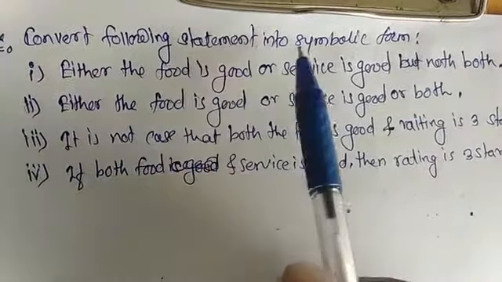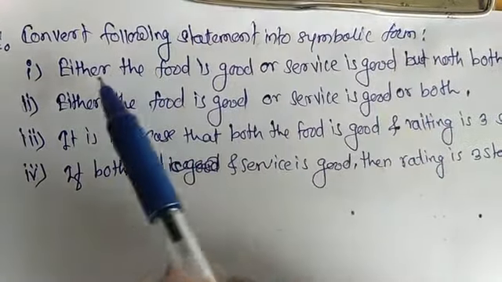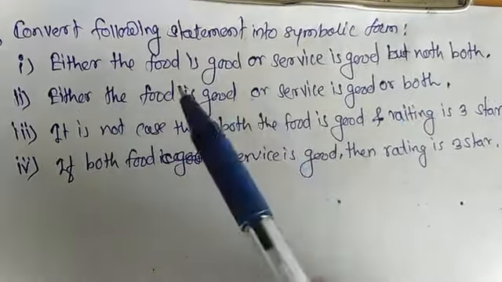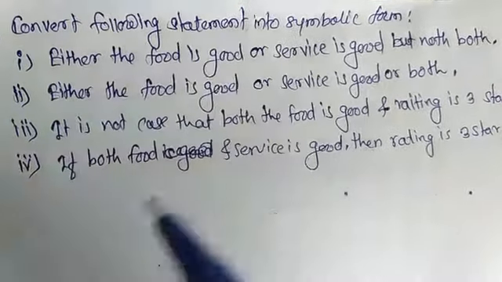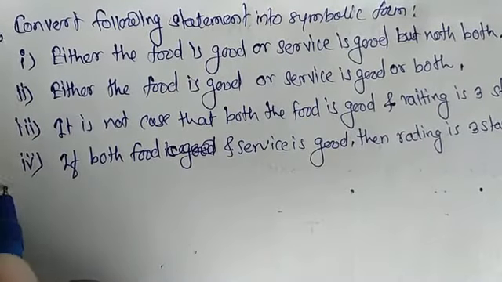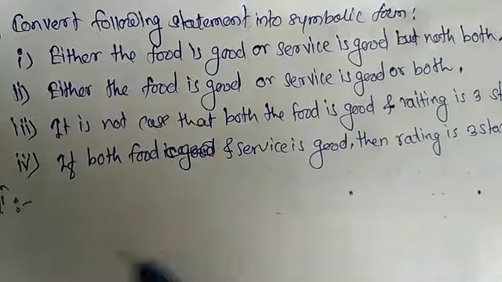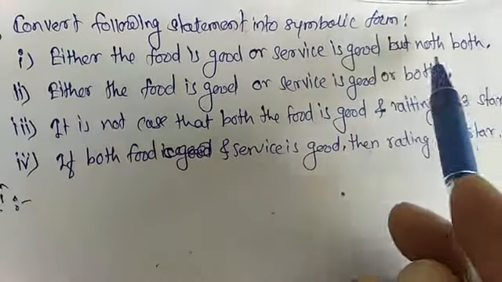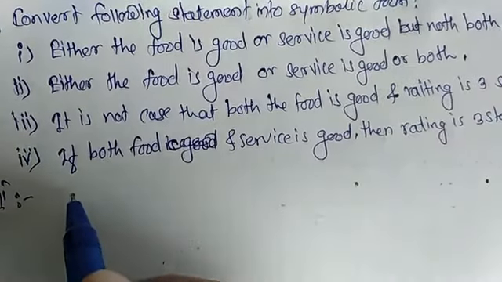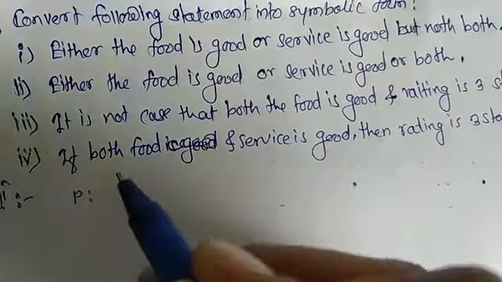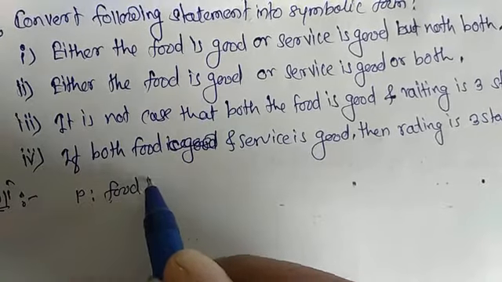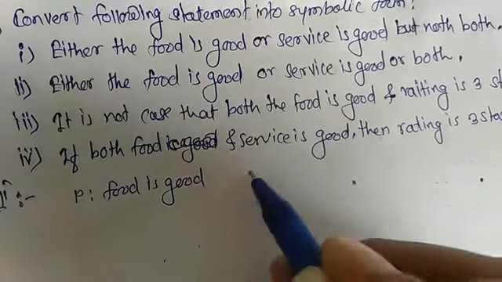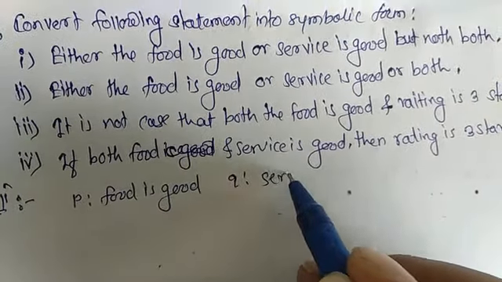Now convert the following statements into symbolic form. Here some statements are given. First, we have to write the statements which are used. In the first, it is either the food is good or service is good, but not both. That means there are two statements. You may write P as food is good and Q as service is good.